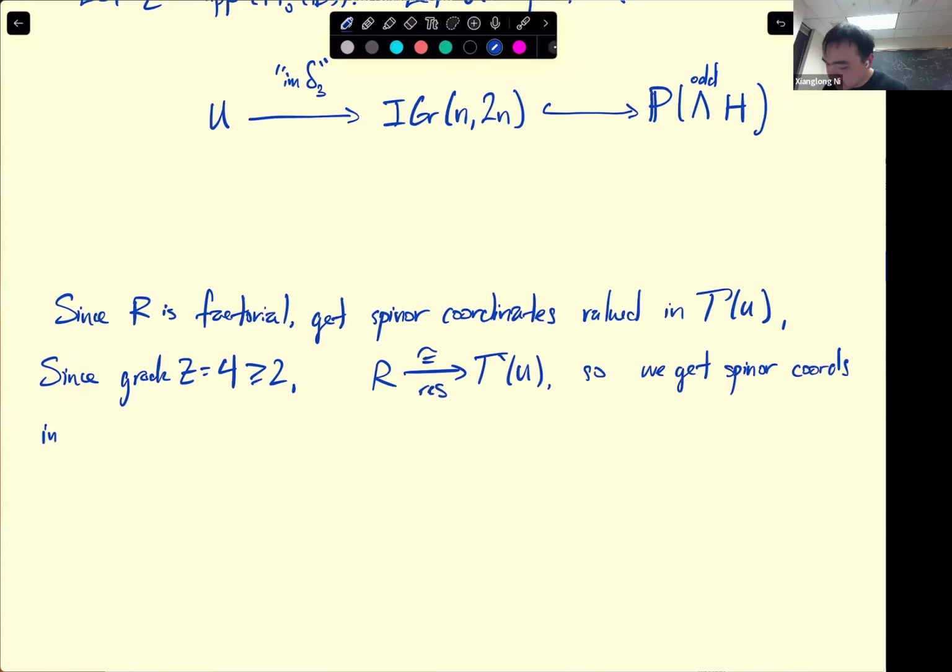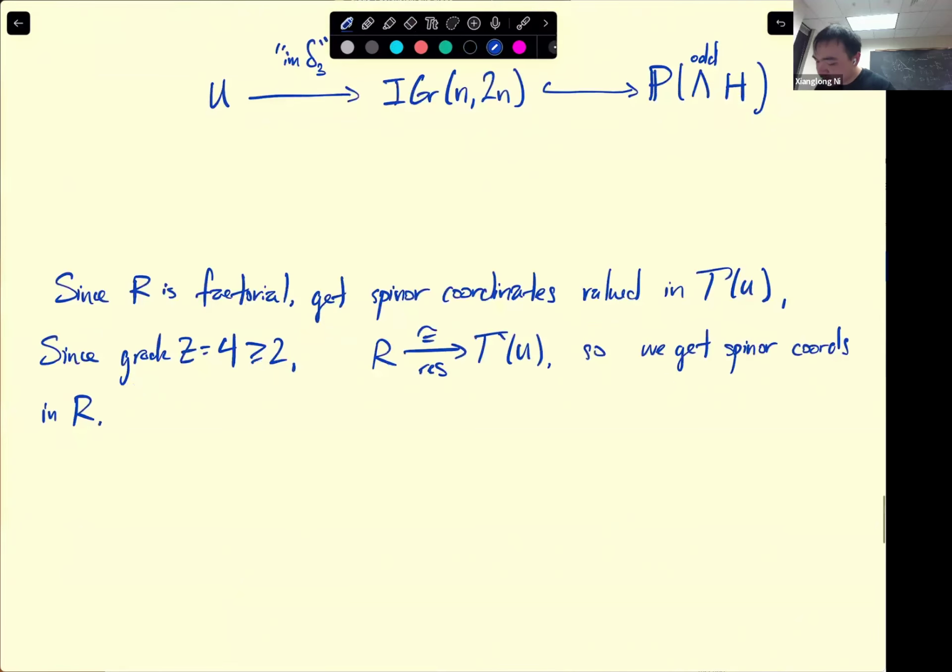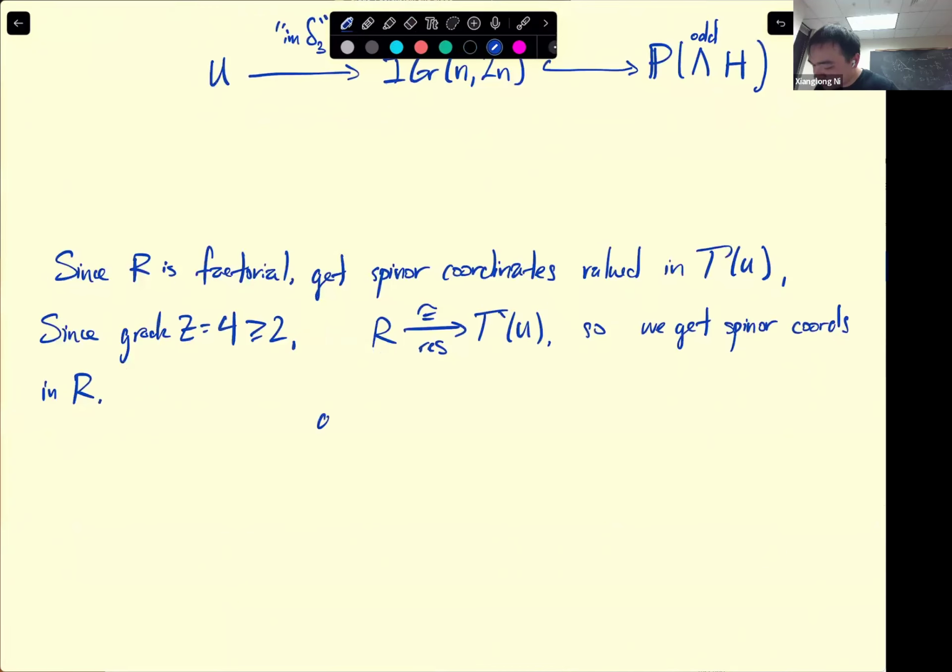In R, I'm just going to denote this by A3 tilde.